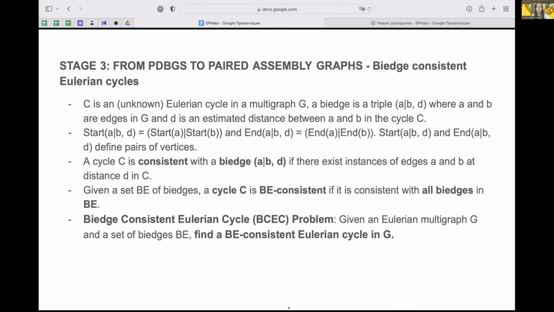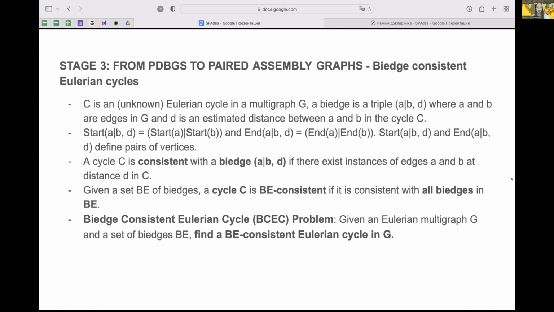We define the BH as a triple A, B, and D, where A and B are adjacent edges in G, and D is an estimated distance between A and B in the cycle. We define start and end as a pair of vertices, and a cycle C is consistent with this triple BH if there exist instances of edges A and B at the distance D in C.